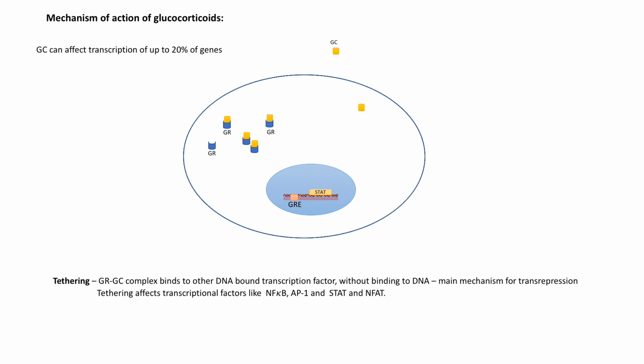So in GRE and negative GRE, glucocorticoid receptors directly bind to DNA. In contrast, in tethering, glucocorticoid receptors do not directly bind to DNA. Instead, they bind to a transcription factor that is already bound to DNA and inactivate this transcription factor.